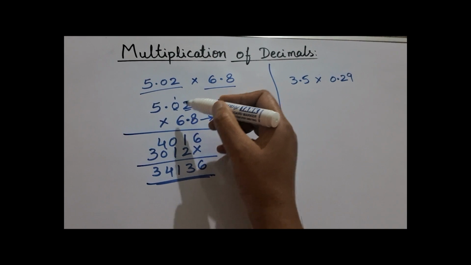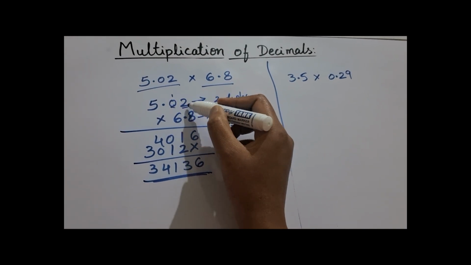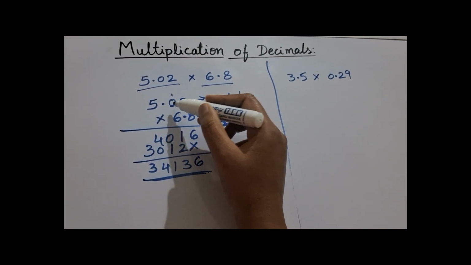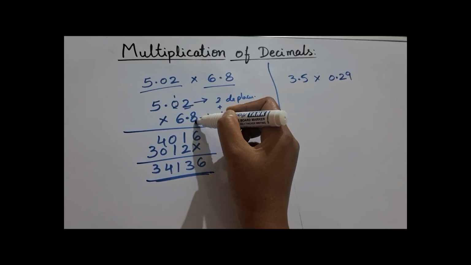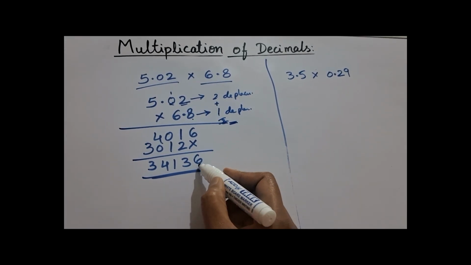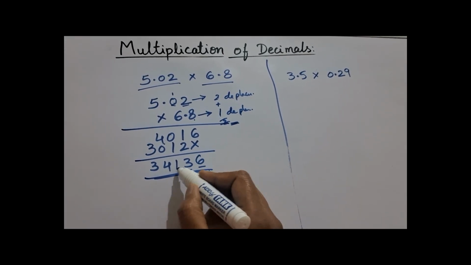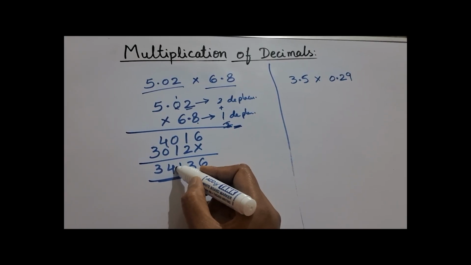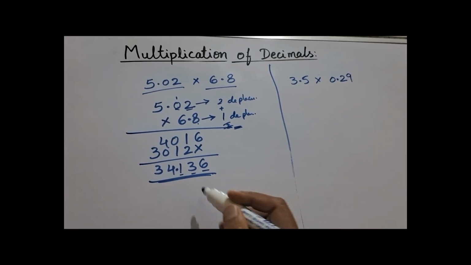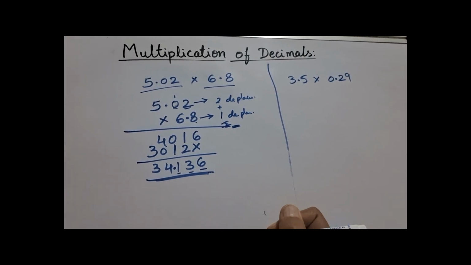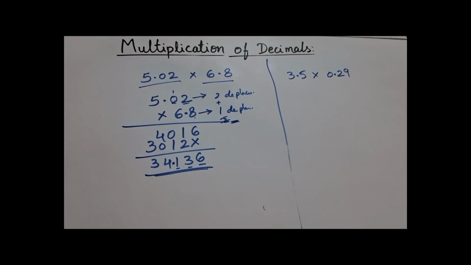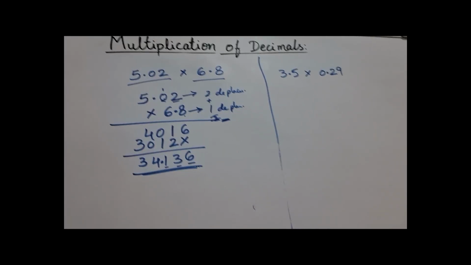Okay, children? See, how many decimal places overall in these two numbers? 1, 2, 3. Isn't it? So leave 3 digits from the right side. 1, 2, 3. And then here you have to put the decimal point. This is the answer for this one, children. Okay. Now, let us see the other question.